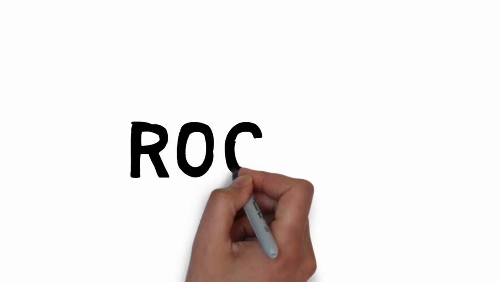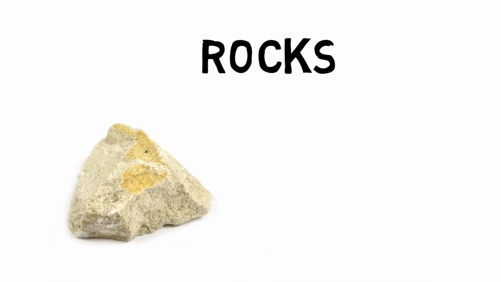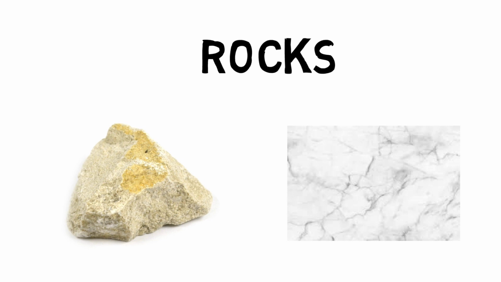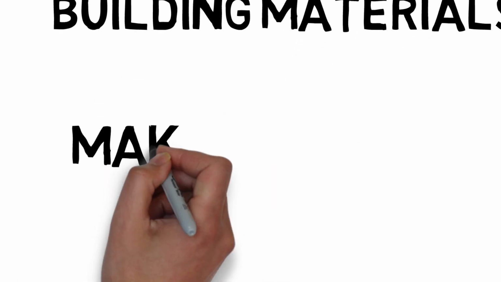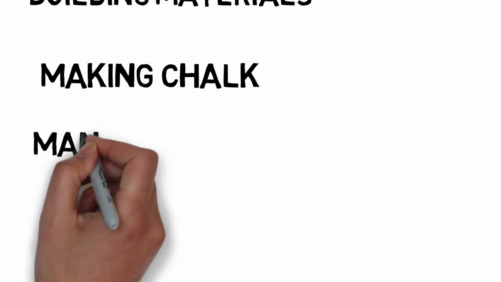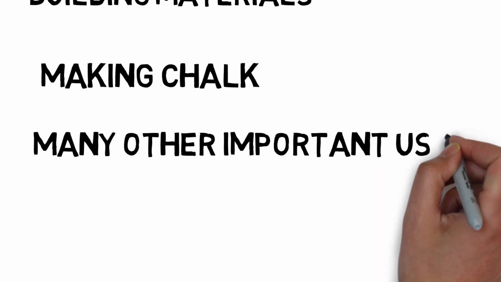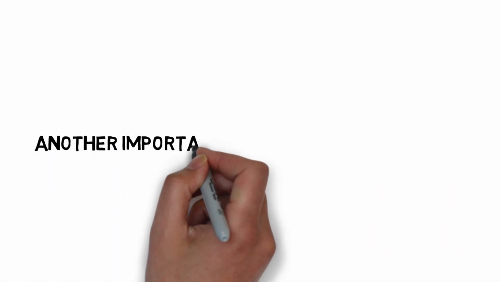Next come the rocks. Rocks like limestone or chuna pathor, marble, these are called different rocks. They are also used for building materials, making of chalk, and so many important things for our life. Another important mineral resource is fuels.